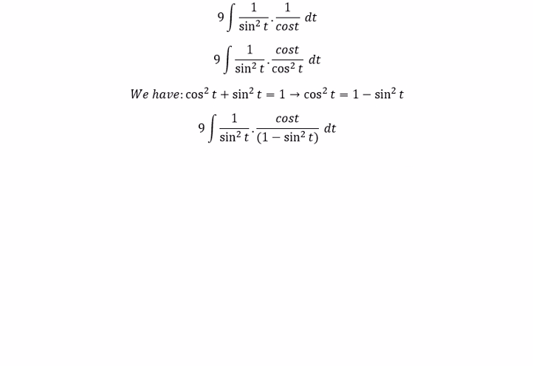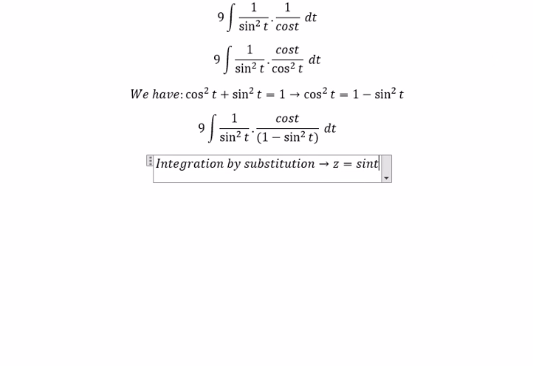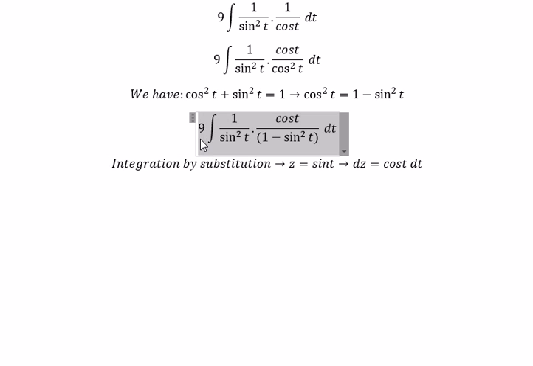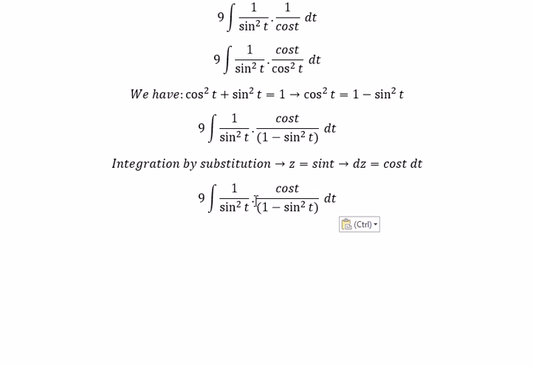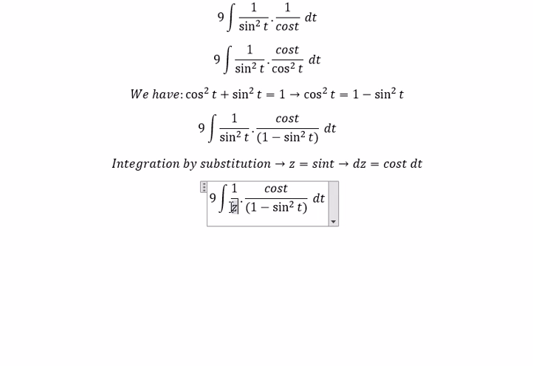And now we can use integration by substitution. So we put z equal to sin t, dz equal to cosine t dt. So this one you got z square, cosine t dt, we change for dz.